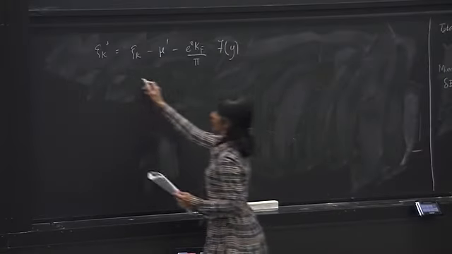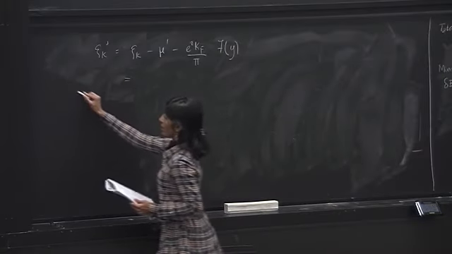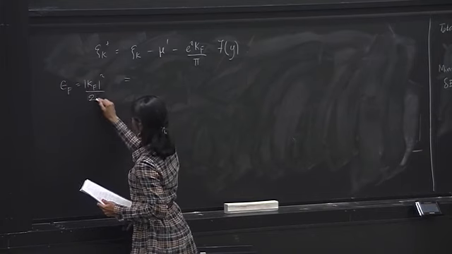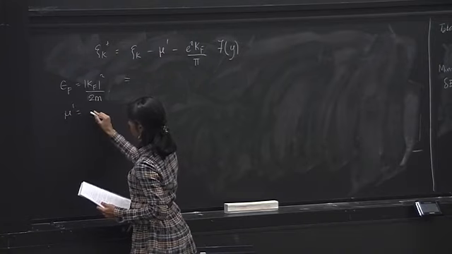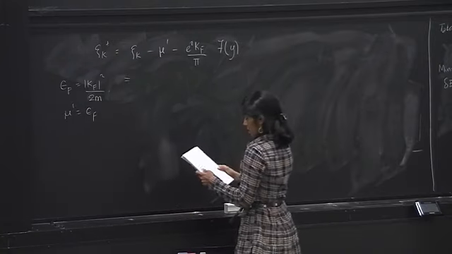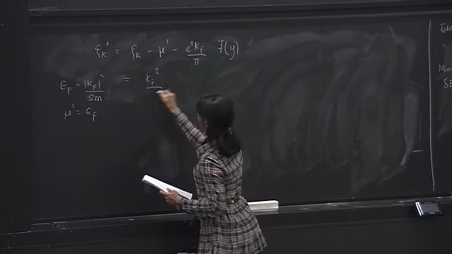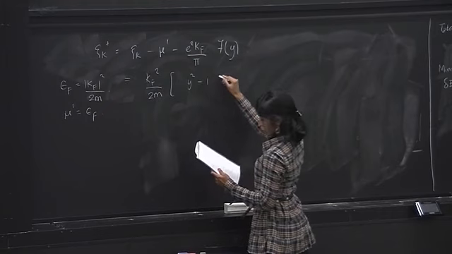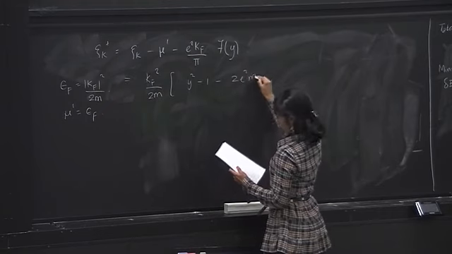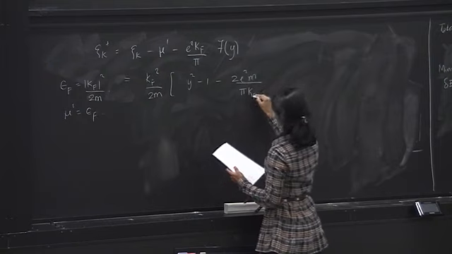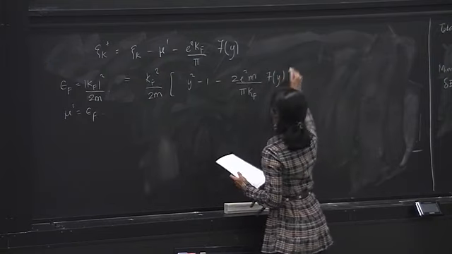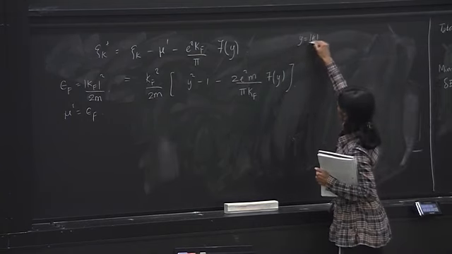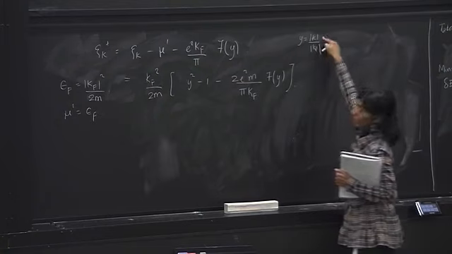Okay, so if I use the fact that the Fermi energy is defined like this, and I set the new chemical potential to be equal to the Fermi energy, then I get, okay, sorry. So all this y here is just the dimensionless k over kf.